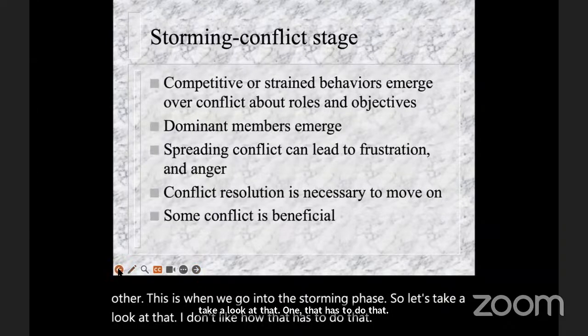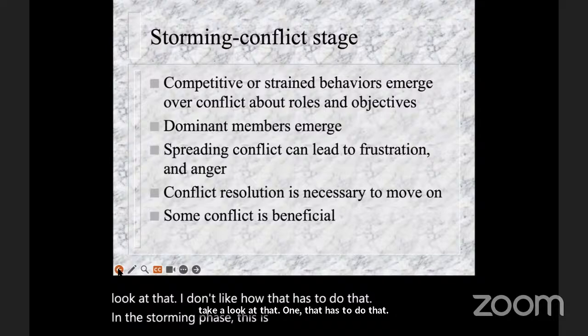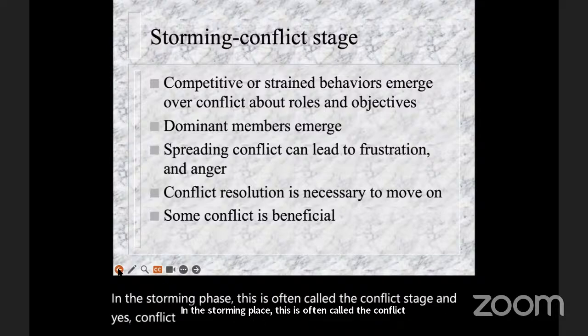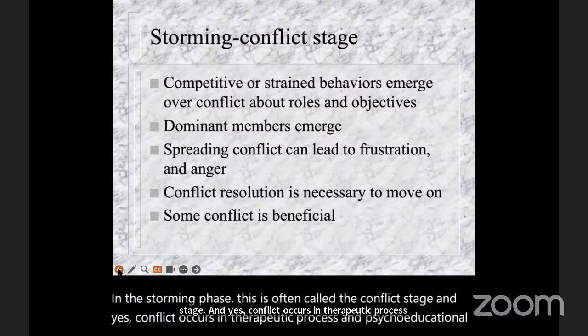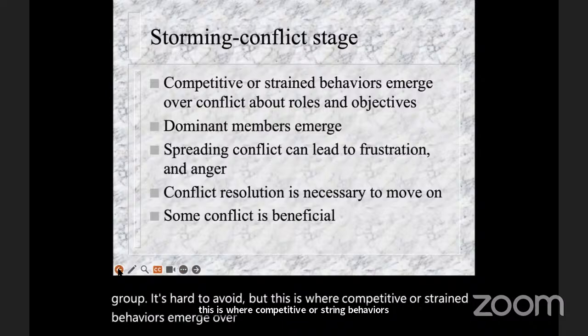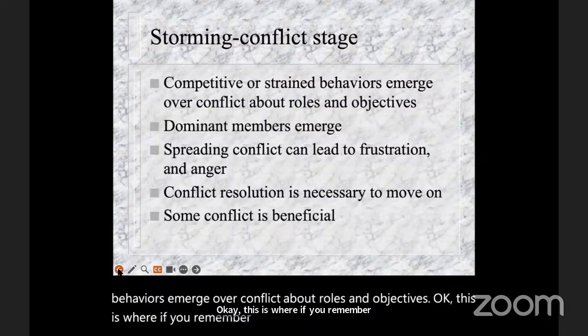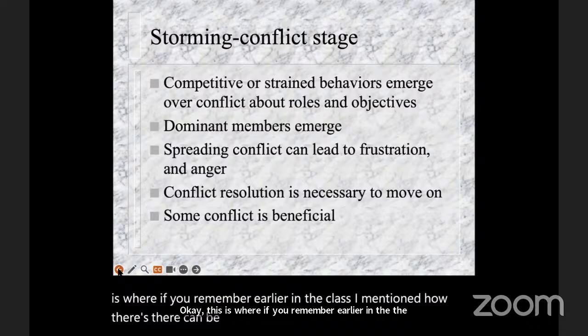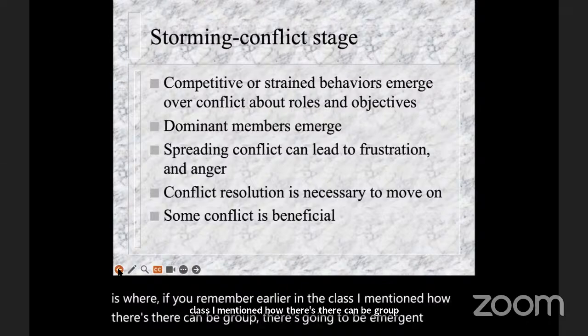In the storming phase, this is often called the conflict stage. And yes, conflict occurs in therapeutic process and psychoeducational groups. It's hard to avoid, but this is where competitive or strained behaviors emerge over conflict about roles and objectives. If you remember earlier in the class, I mentioned how there's going to be emergent leaders and emergent followers.